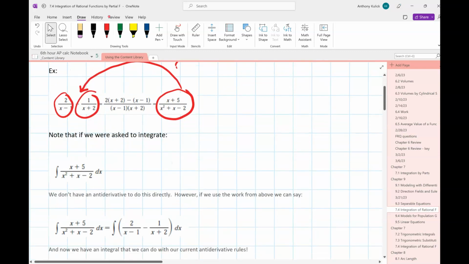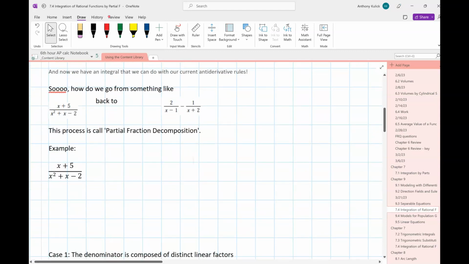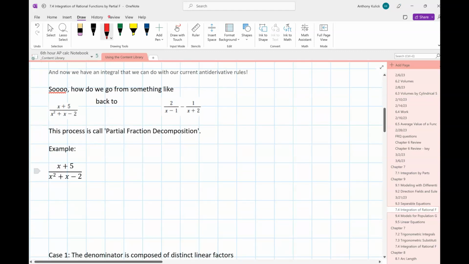So let's go ahead and show you how to do that. Let's say we want to do the partial fraction decomposition for (x + 5)/(x² + x − 2). I've made a point of showing you the answer, but let's work through the process of how we'd go about doing that.